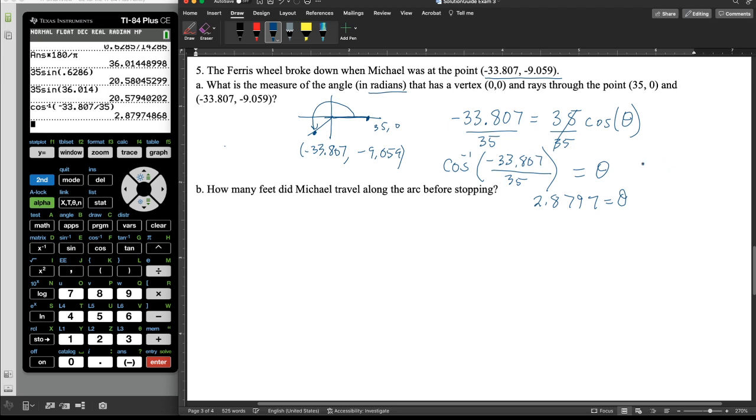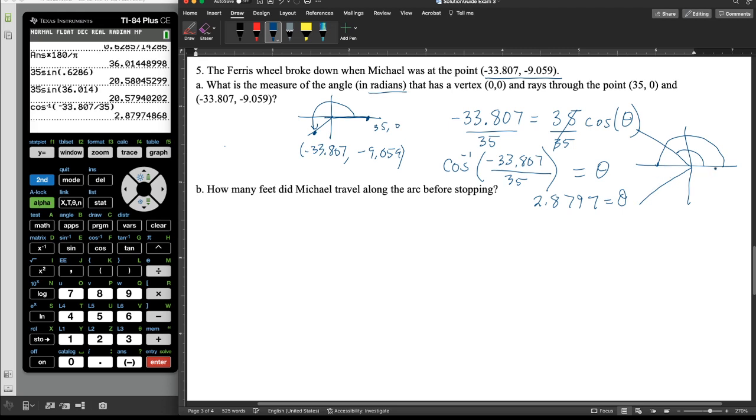Inverse cosine is a function that is limited to 0 to pi. So the angle it gave us is basically the angle in the second quadrant. So it's giving us this angle. We want this same sort of reference angle down here.